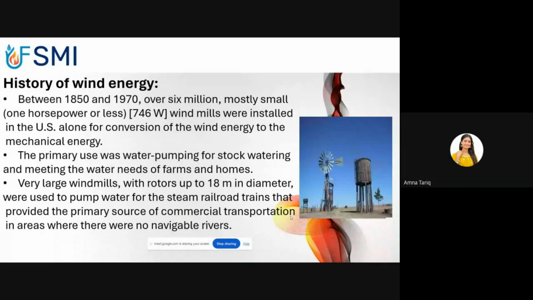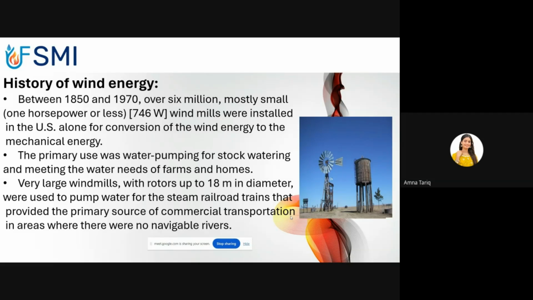Between 1850 and 1970, over 6 million mostly small windmills, of 1 horsepower or less, were installed in the US alone for conversion of wind energy to mechanical energy. The primary use was water pumping for stock watering and meeting the water needs of farms and homes.